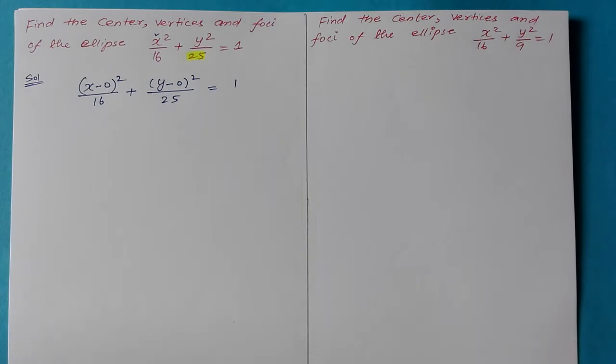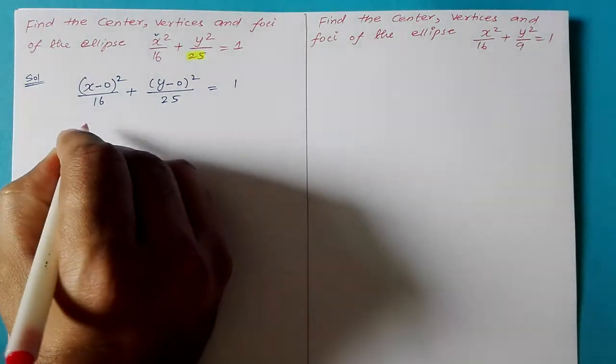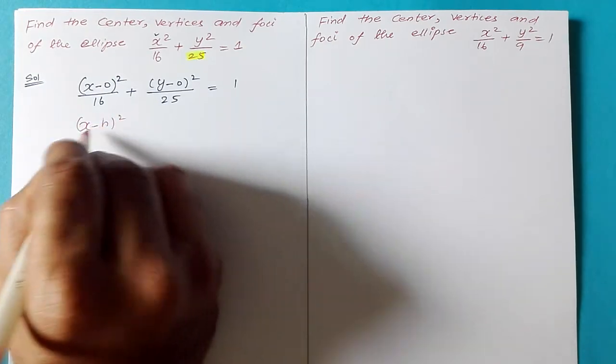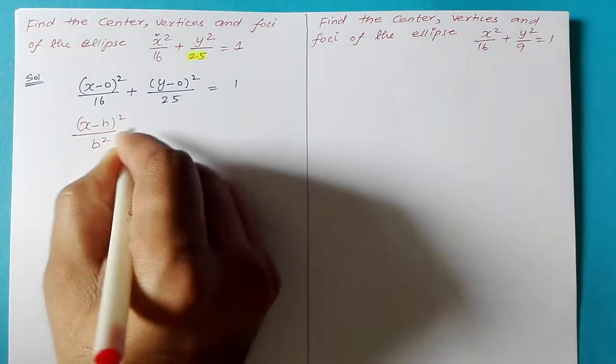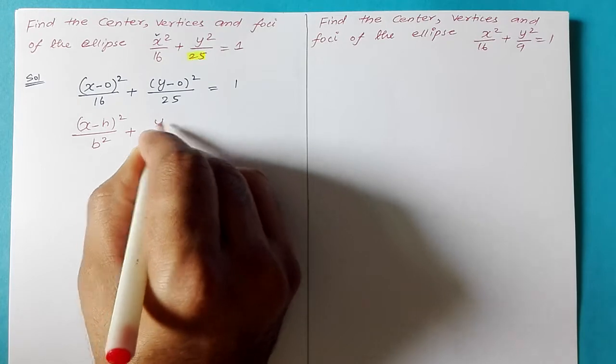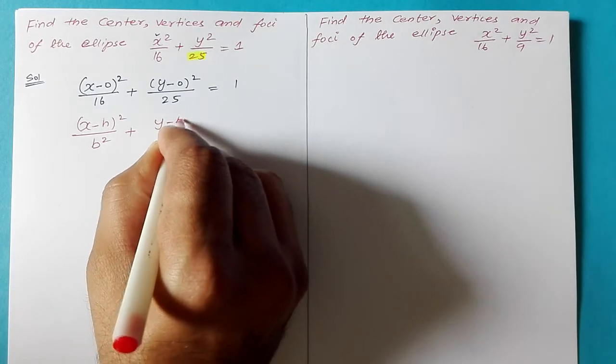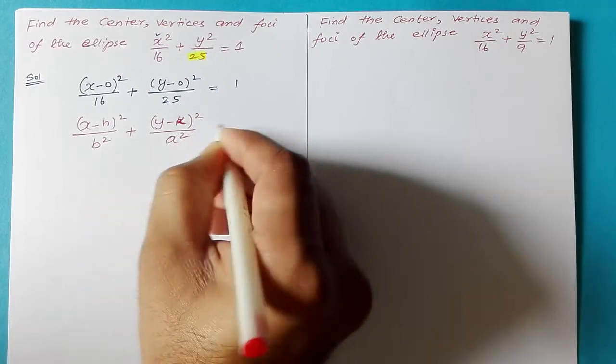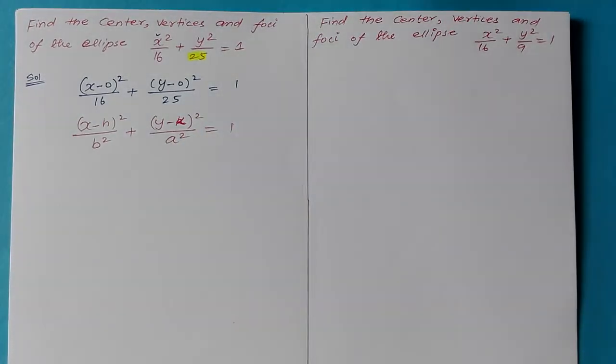Now I compare with the standard type. What is the standard type? It is x minus h whole square over b square plus y minus k whole square over a square is equal to 1.